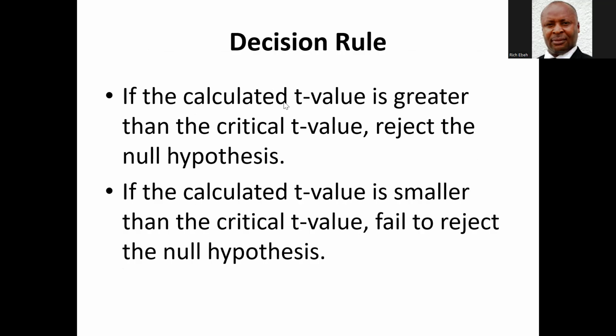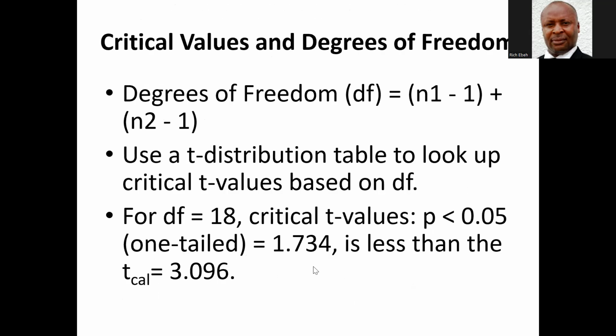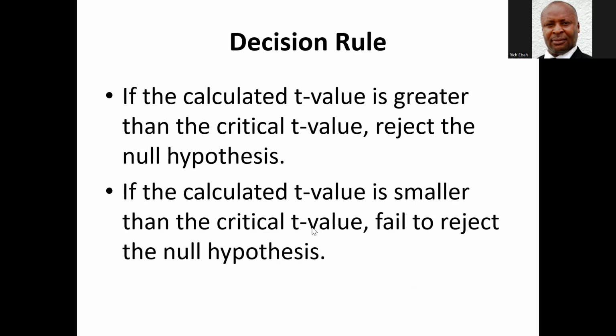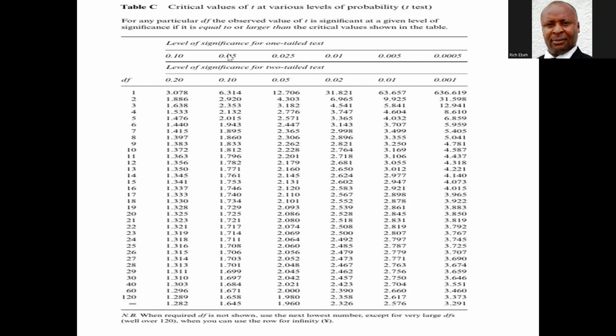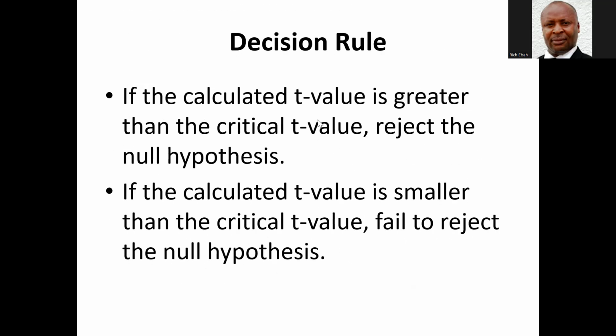If the calculated T value is greater than the critical T value, where the calculated T value is the value we calculated at this point, 3.096, and the critical T value is the value we obtained from the table when we said 0.05 and matched it with degree of freedom 18, 1.734, then reject the null hypothesis.